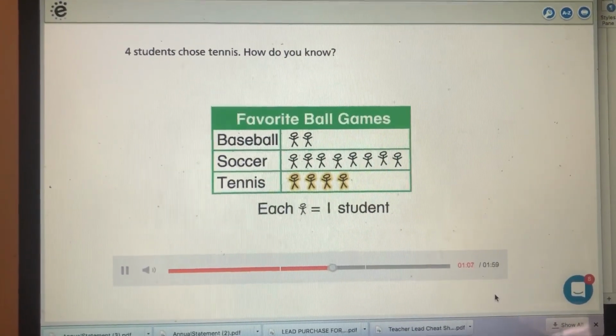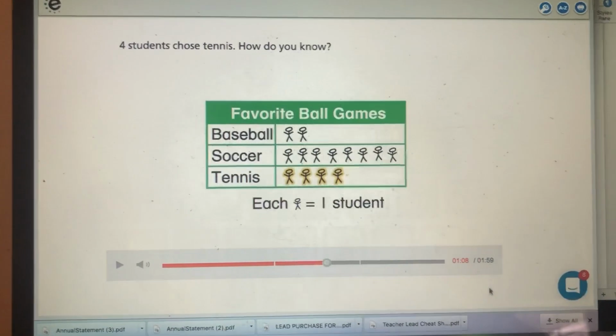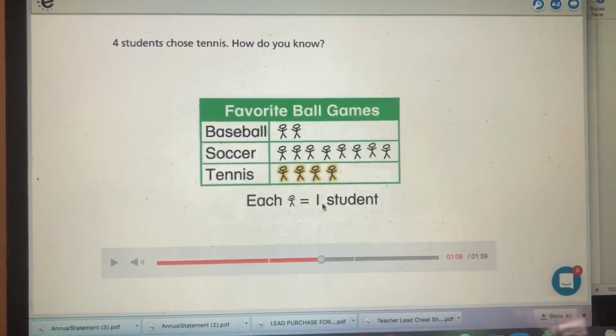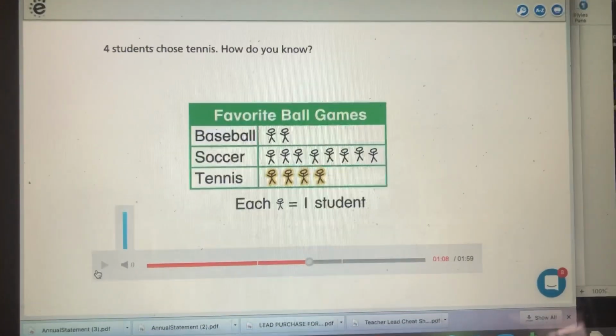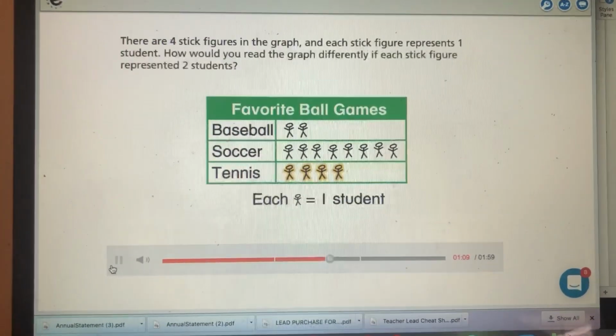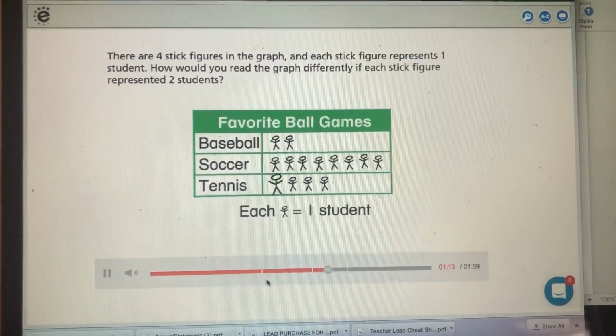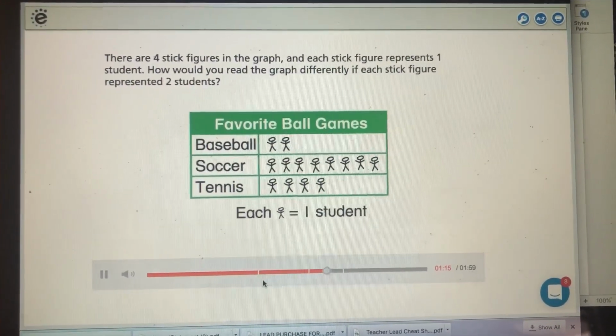How do you know? Because there's 4 symbols and each symbol equals 1 student. There are 4 stick figures in the graph, and each stick figure represents 1 student.